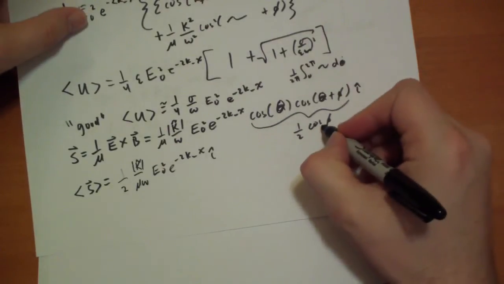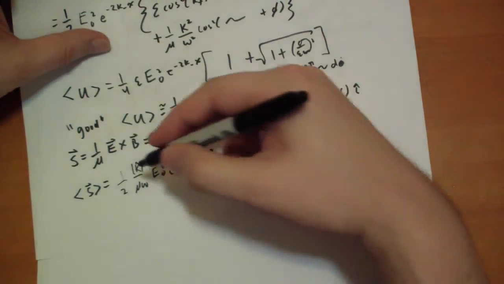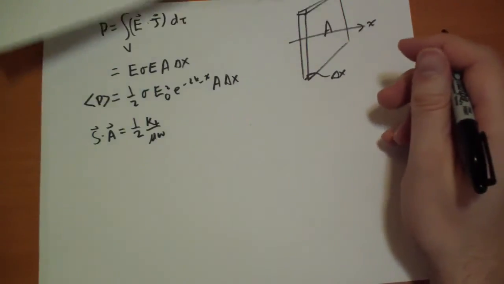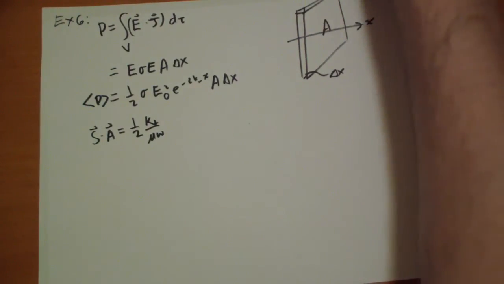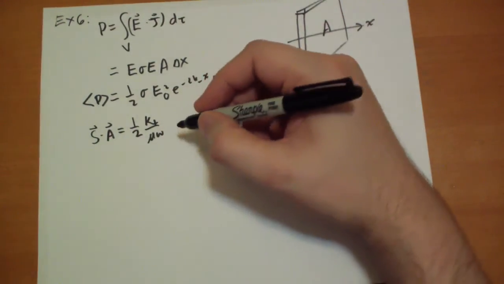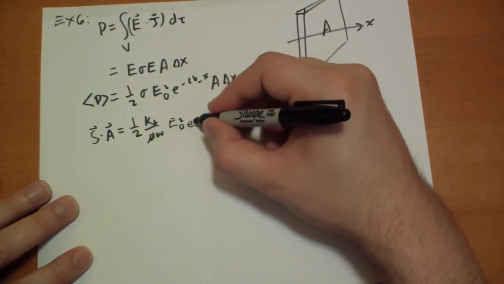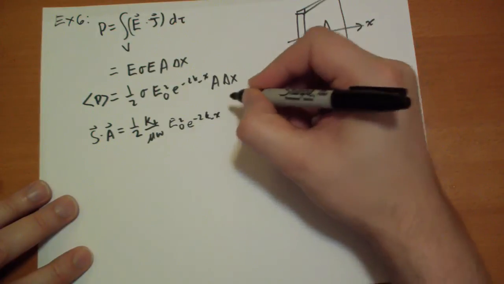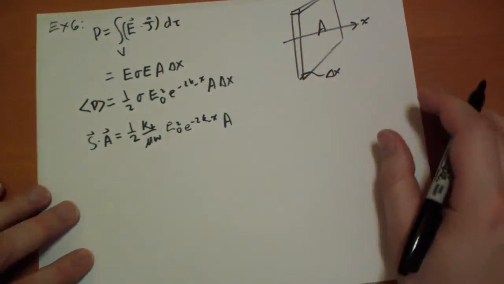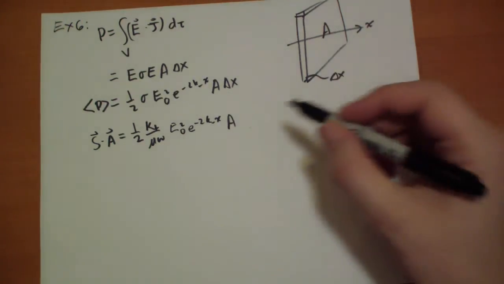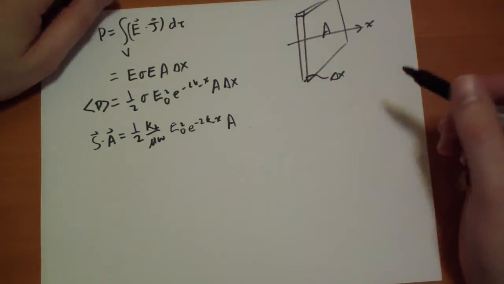This is 1/2 cosine phi. Well, kappa cosine phi is just the real part of that kappa, kappa plus. So it's 1/2 kappa plus E naught squared e to the minus 2 kappa minus x, times the area. Okay? So that's the energy flowing into one side. The energy flowing out of the other side is basically the same, but you have x plus delta x.